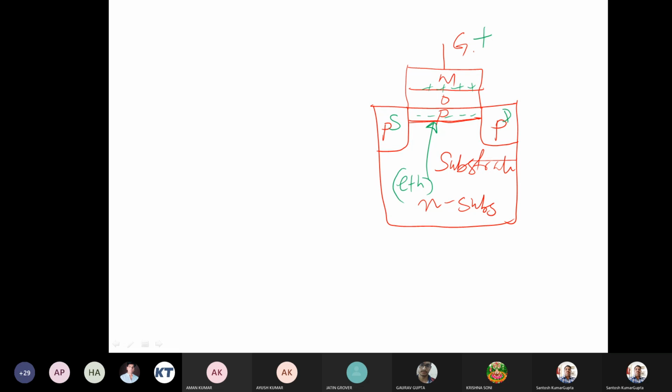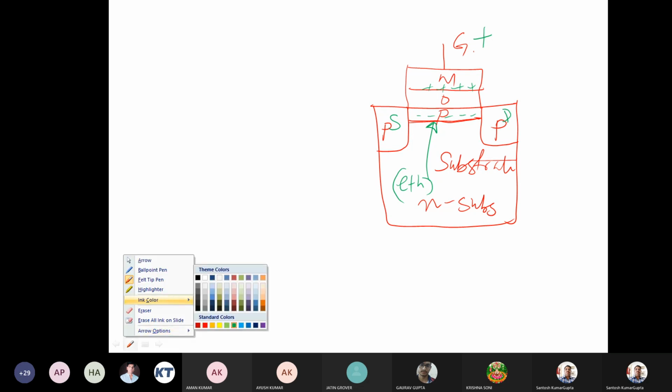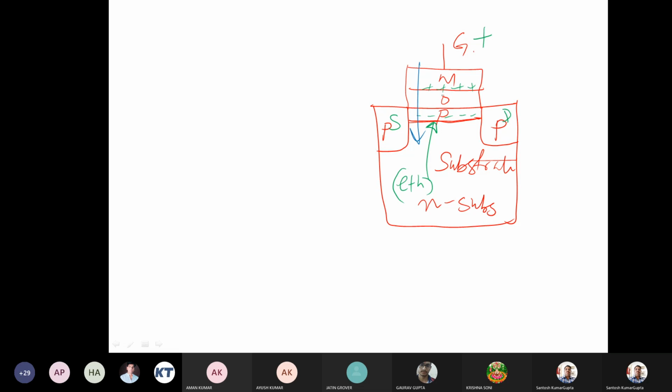So in this case, what we see is the vertical field. If we look, the vertical field is still of this kind. So electrons are getting attracted toward this again, but because the inbuilt channel is of the P type, these electrons are going to recombine with the holes here.